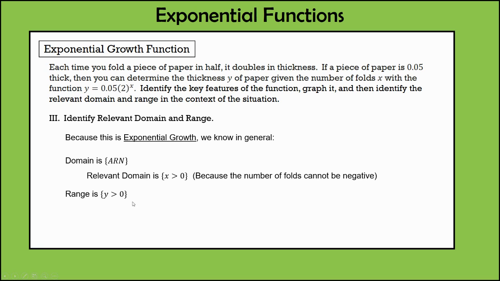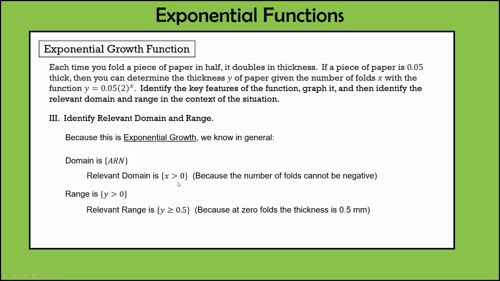Okay, we know in general for an exponential growth function, the y's are always greater than 0, right? They come really, really close to 0, but they never touch. In this case, our domain is only relevant when we're greater than 0, right? And we know at 0, we're at 0.5, excuse me. That's where the paper begins. At 0, you're at 0.5 thickness.